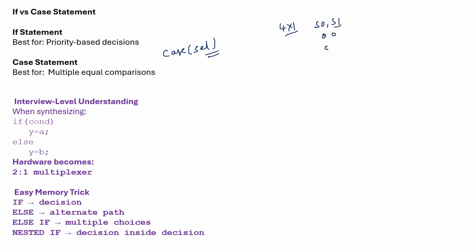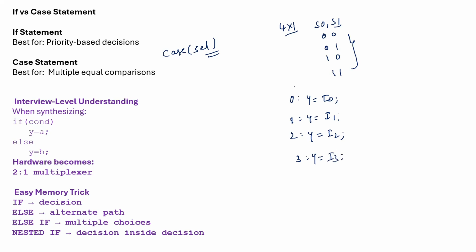That means 00, 01, 10, 11. Four conditions are there, right? For the 0th case, your output should be I0, for the first case your output should be I1, for the second case your output should be I2, and for the third case your output should be I3.